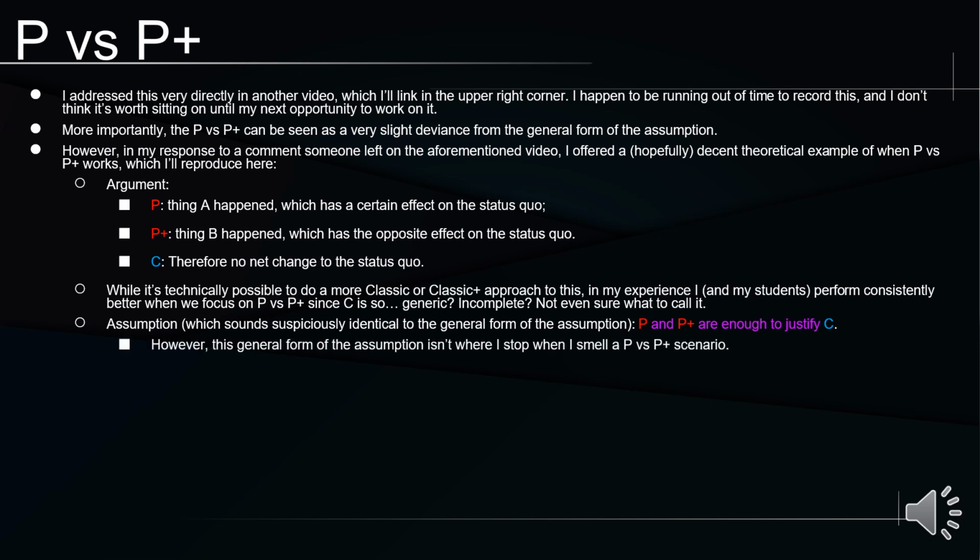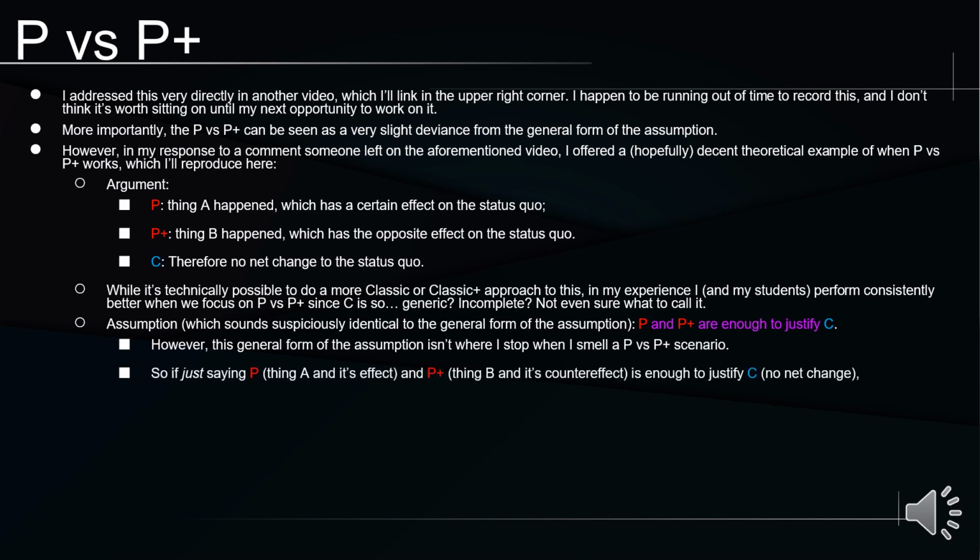However, this level of general form of the assumption isn't where I stop when I smell this P versus P plus scenario. So if just saying P, which is thing A in its effect, and P plus, thing B in its effect, is enough to justify C, that there has been, in fact, no net change, that in turn means that the author assumes that P and P plus occurred in equal measure, canceling each other out perfectly.